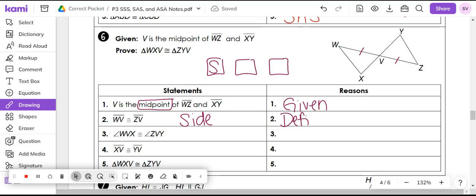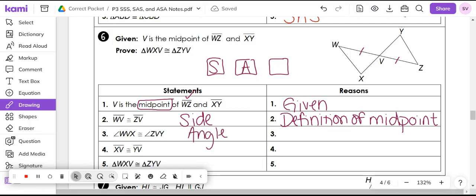So that is what my reason is going to be for number 2. Okay, we worked off the fact that V is the midpoint of WZ to answer what we have for statement number 2. But if we look at what we have for number 3, it's actually giving us a pair of angles here.